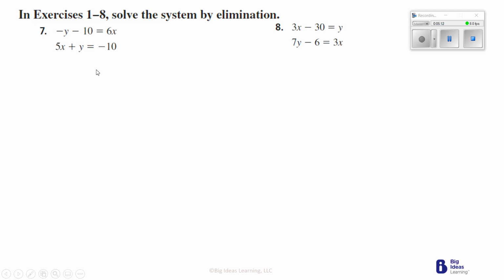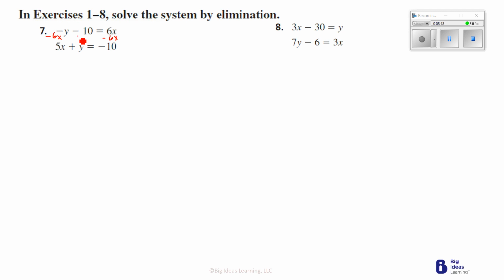Next is 7. This one looks like it's going to take a little more work because I have my negative y over here and my positive y over here. All I really need to do is take this negative 10 and see, well, we've got the 6x over here. So what I would do is I would subtract, and I'm not sure how they're going to do it, but I would take negative 6x over here, which would give me a negative 6x over here.